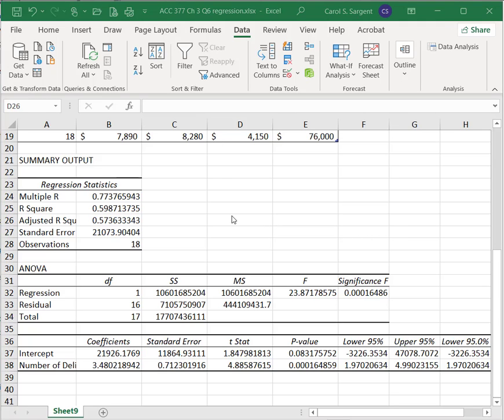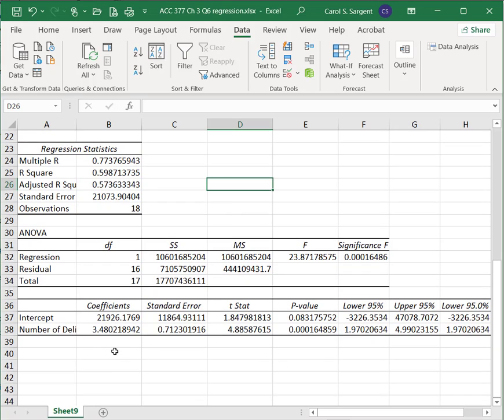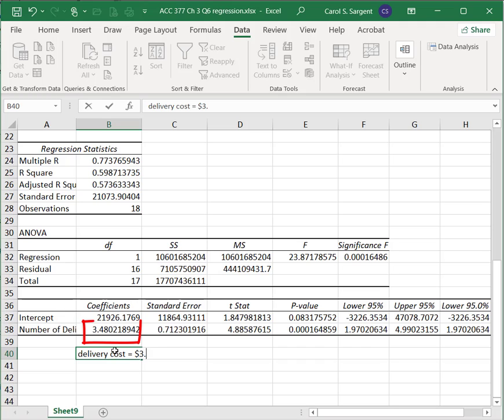In terms of the regression equation, what would it look like? So here, it would be delivery cost, in this case your author's calling it Y, equals 3.48, rounded, times miles, plus the fixed cost, in this case $21,926.